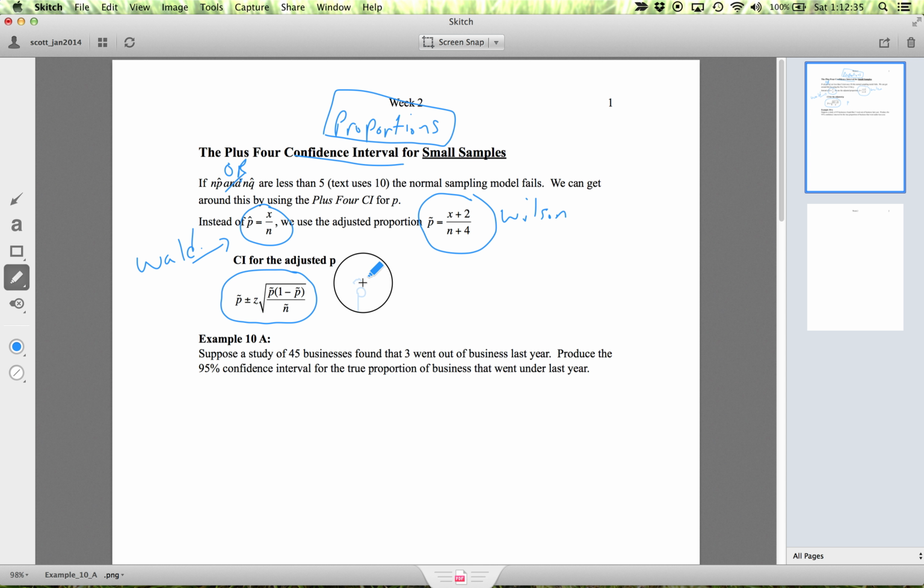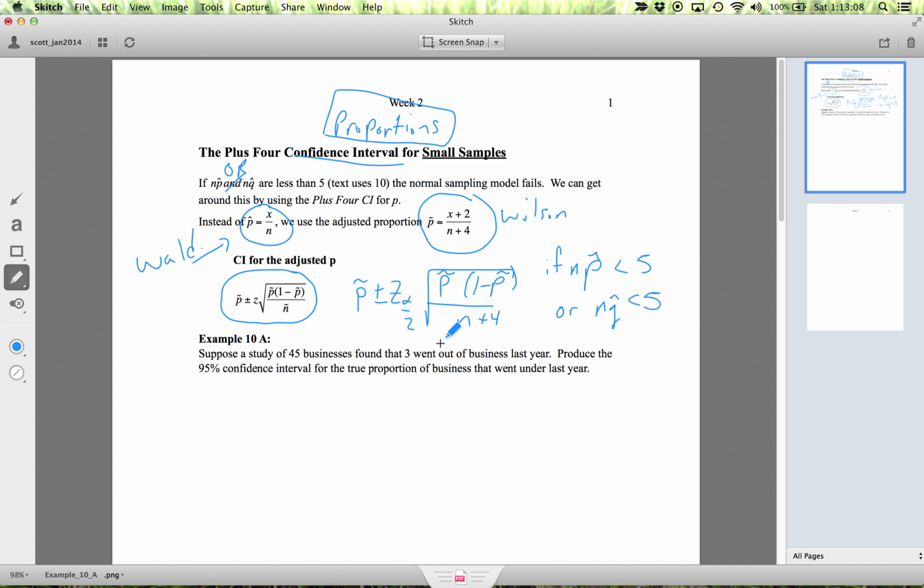That is p tilde plus or minus your alpha value times the square root of p tilde times 1 minus p tilde, over n plus 4. This is what you want to be using if np is less than 5 or if nq is less than 5.